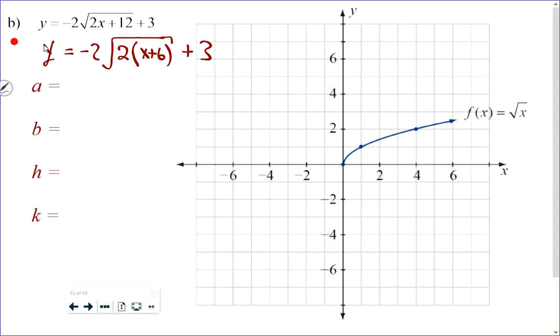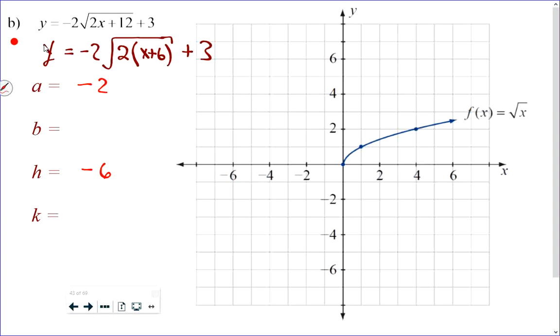Well, how many of you looked at that and understood that h was -6, but you didn't have to physically on paper factor the 2 out? Some of you might look ahead in your head and do that, and that's great. But just to really reveal it, I'm going to factor the 2 out and be left with x plus 6. What does that give me for a? A is the coefficient in front of the function.